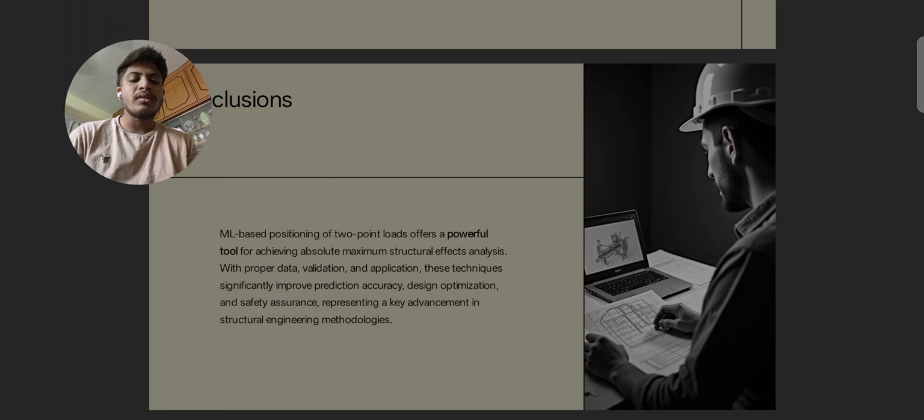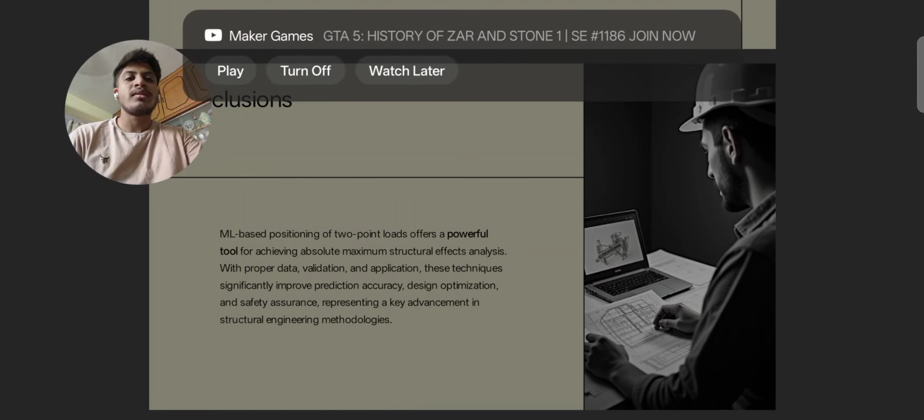In conclusion, the combination of moving load analysis and machine learning represents a forward looking approach in structural engineering, providing accuracy, efficiency, and enhanced safety in both design and operational stages.